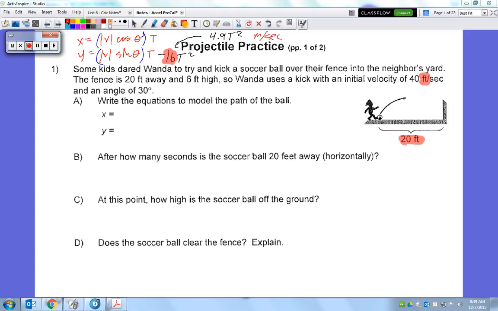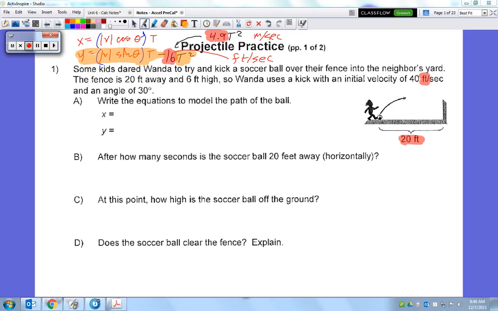We were talking about gravity last time, and you have two different equations that you could use for the y. Everything else is still the same. Let me highlight it in orange. All this is still going to be the same, and it's still subtracting t squared. The only difference is if it's feet per second, or feet, it's going to be 16, and if it is meters per second, it would be 4.9.